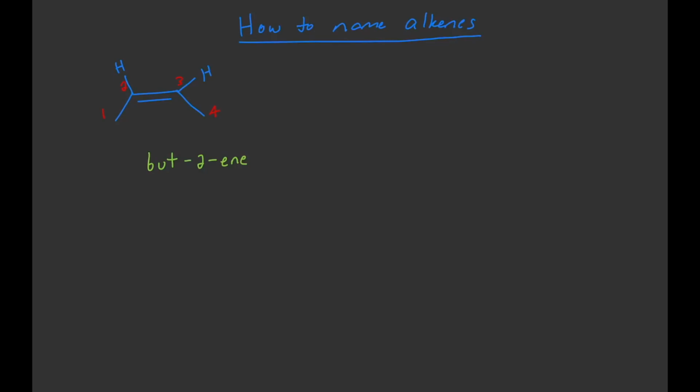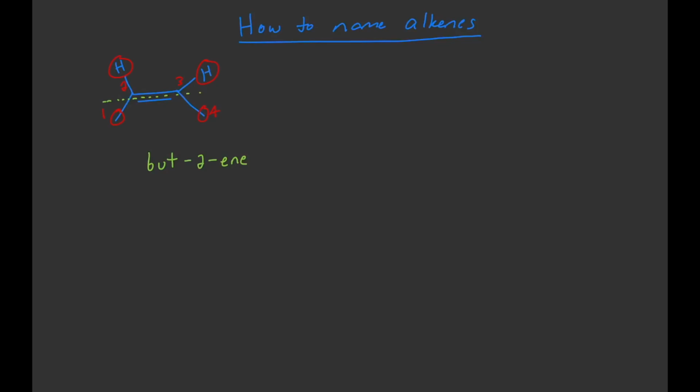So if we look at our priority groups, we're going to look down the line of the alkene, and we have a carbon and a hydrogen, and then a carbon and a hydrogen.